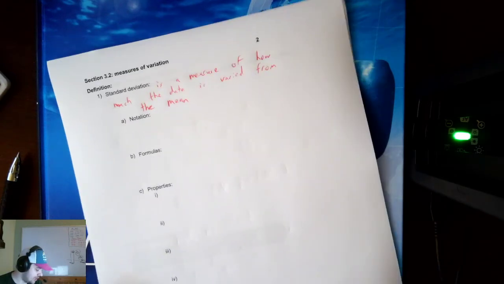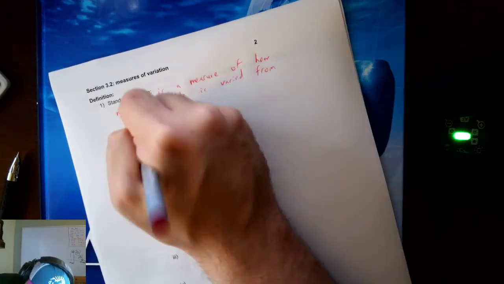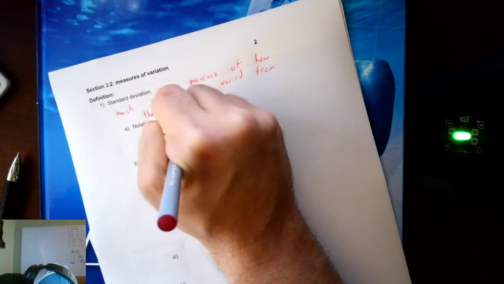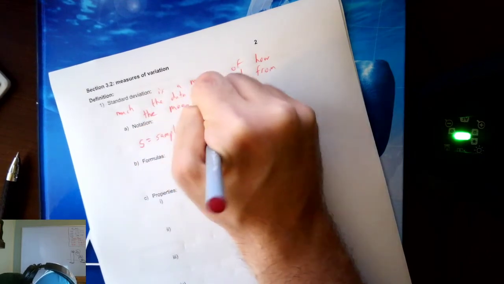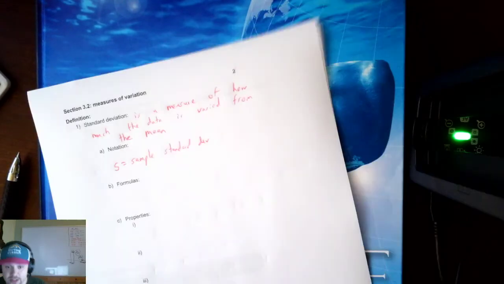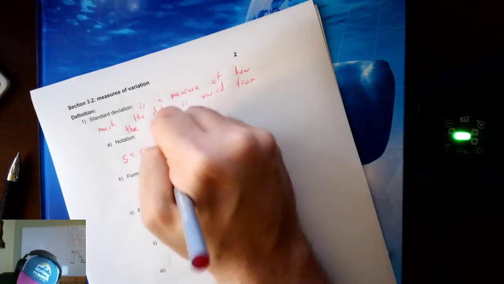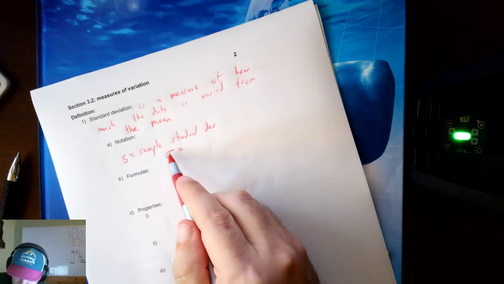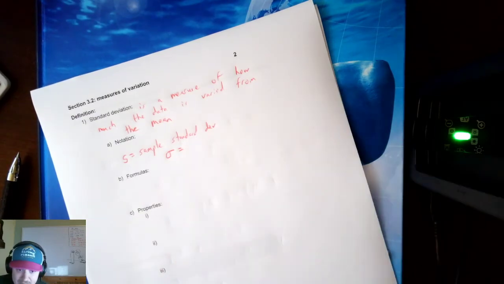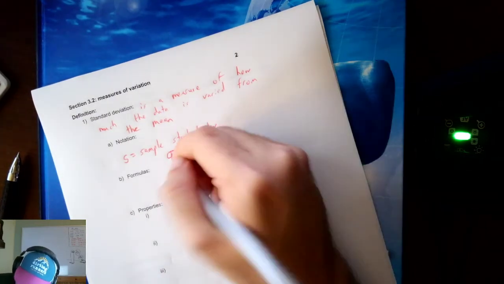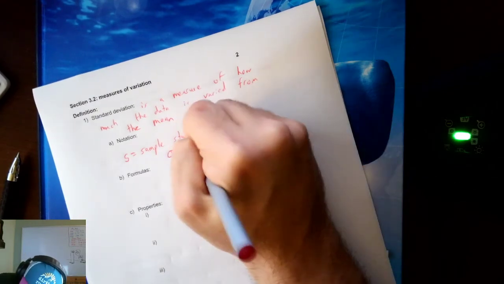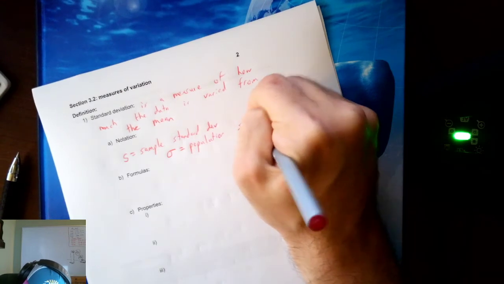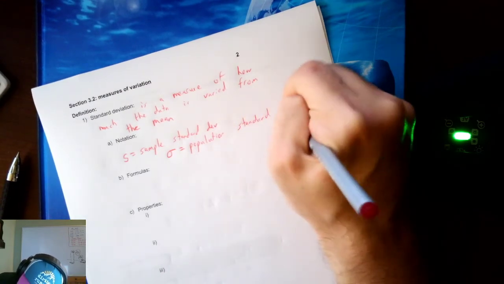We have some notations. We have two different notations. Lowercase s is the sample standard deviation. And then sigma, the Greek letter sigma, a circle with a little line off of it, is the population standard deviation.